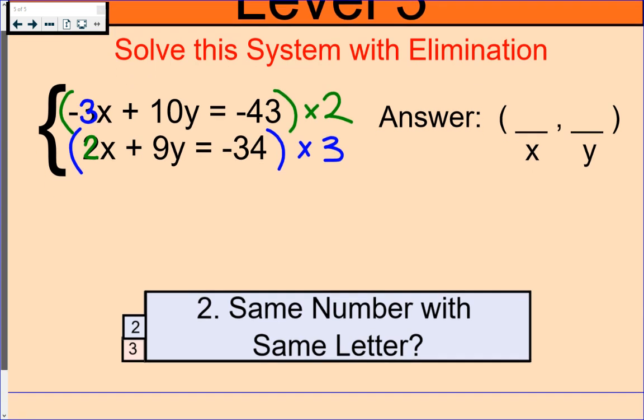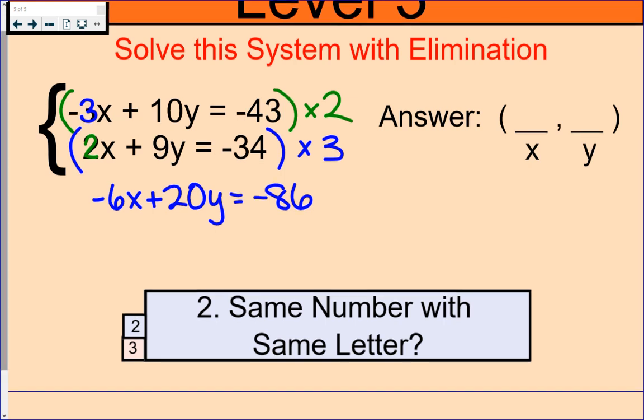So the top equation is now going to become -6x plus 20y equals -86. I just multiplied the whole top equation by 2. Now let's multiply the whole bottom equation by 3. That's going to be 6x plus 27y equals a big number.